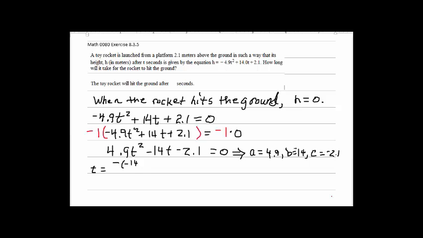So my b is negative 14, plus or minus the square root of b squared, so I square negative 14, minus 4 times a, which is 4.9, times c, which is negative 2.1. And this is all divided by 2a, which is 2 times 4.9.